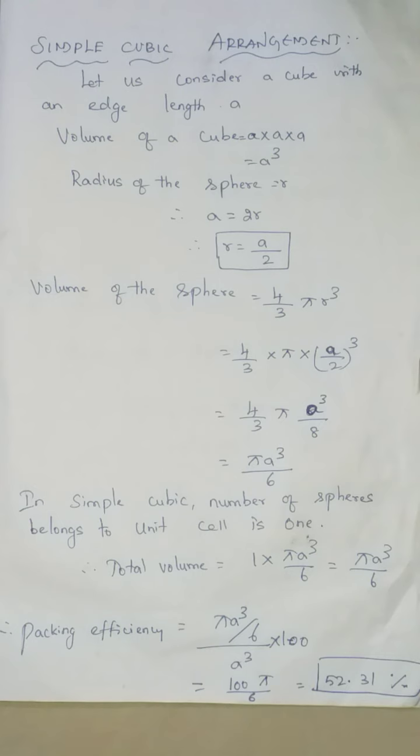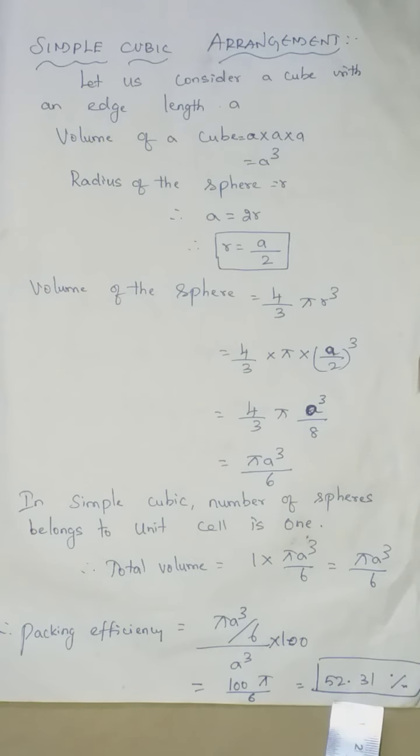That is in simple cubic, only the corners are filled in the unit cell, not the body center and not the face center, because only 52.31% of packing is present in the simple cubic unit cell.